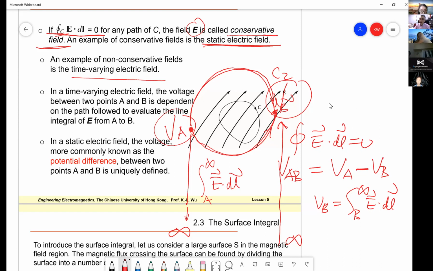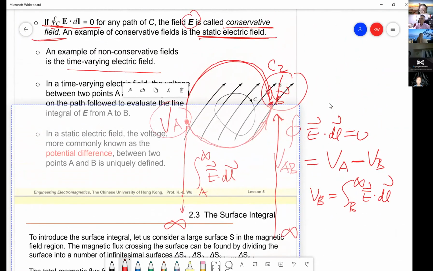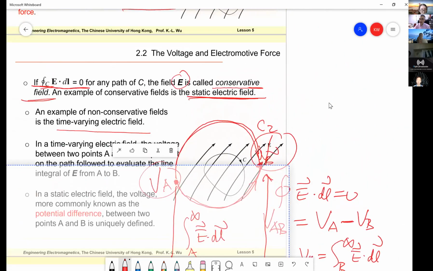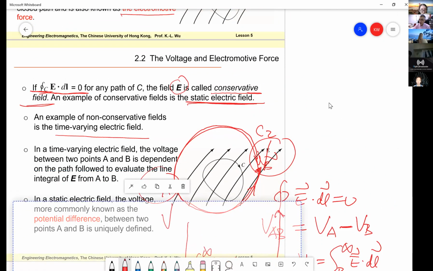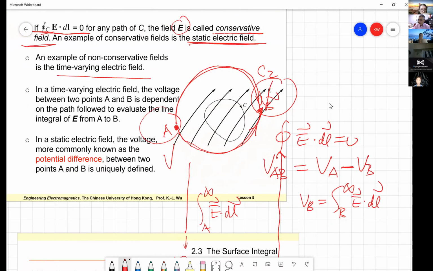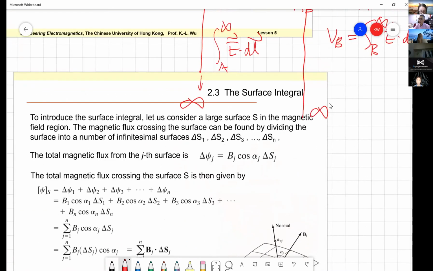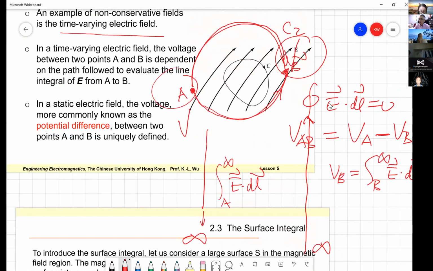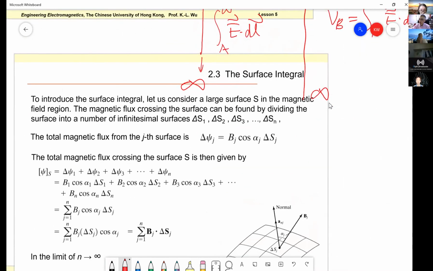That is about the EMF, the electromotive force, related to the line integration.